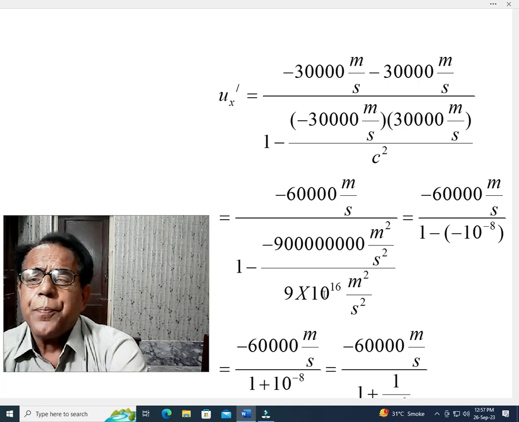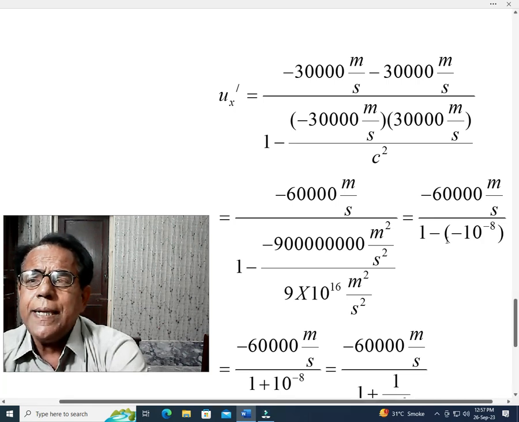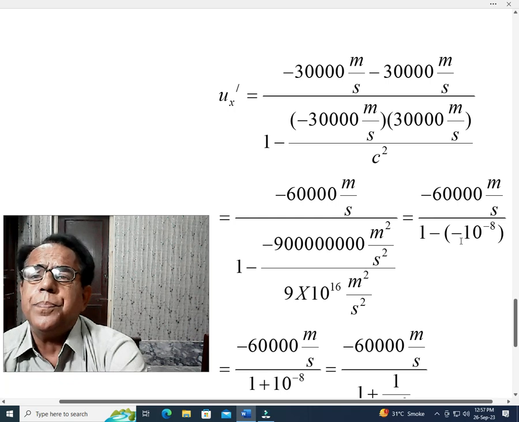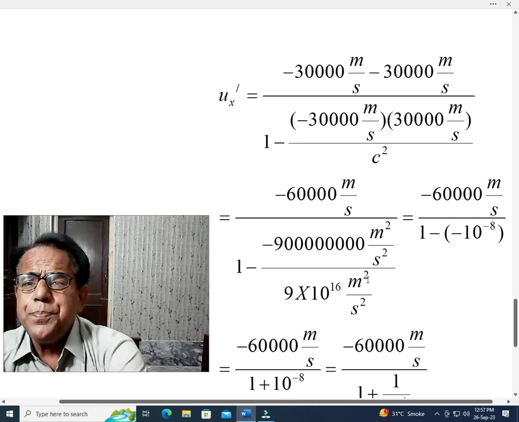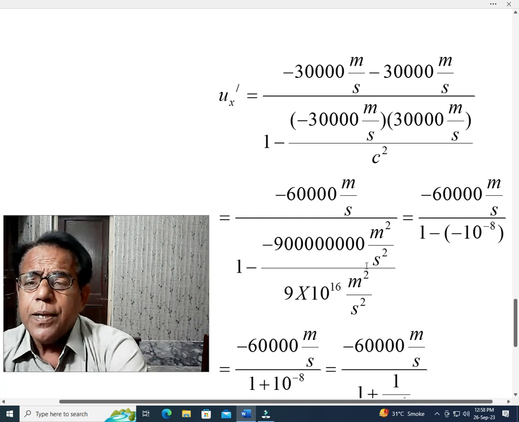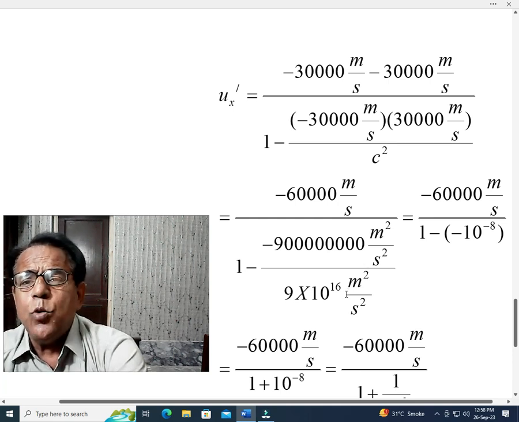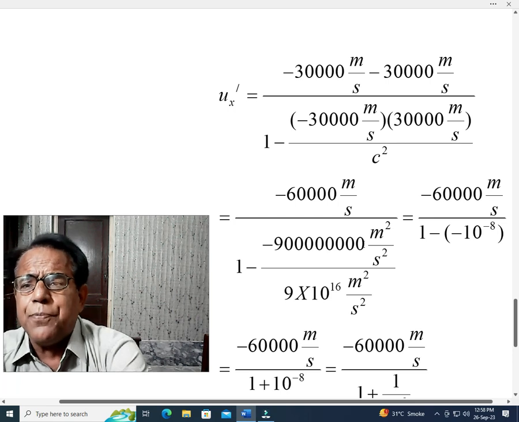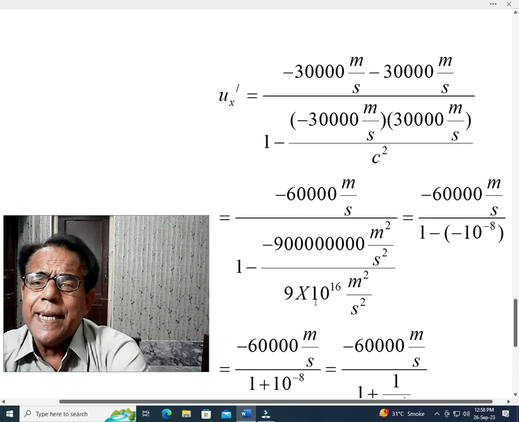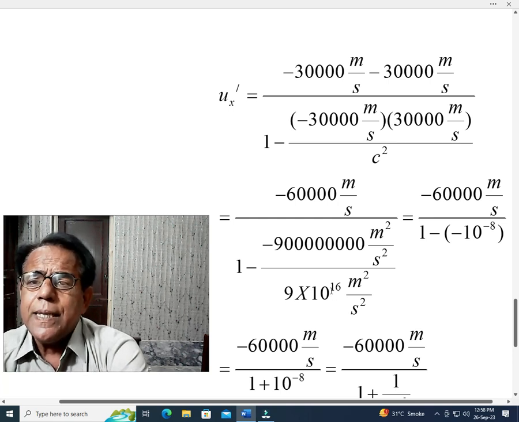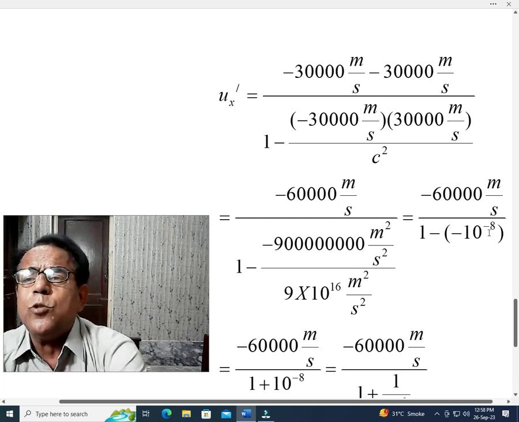Okay, and it will be written in this form, because the lower part of the denominator is shifted upward. Here it is 10 raised to the power plus 8. If we shift it to the upper side, then it will become 10 raised to the power minus 8.